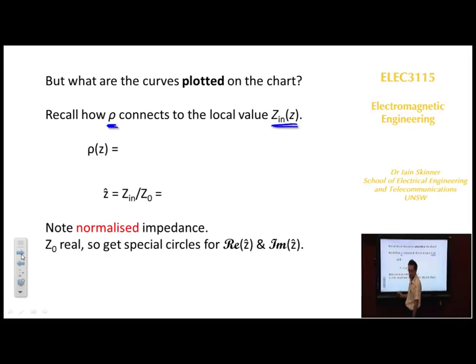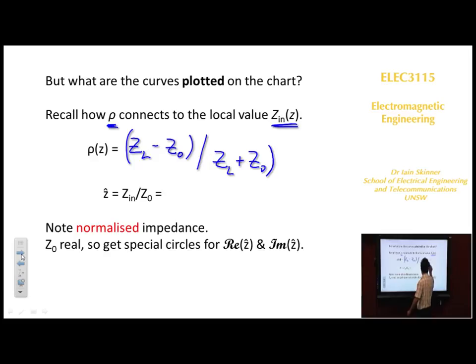So the reflection coefficient, if you remember, is Z load minus Z naught divided by Z load plus Z naught. Z naught is the characteristic impedance of the transmission line, and Z load the actual impedance of the load.